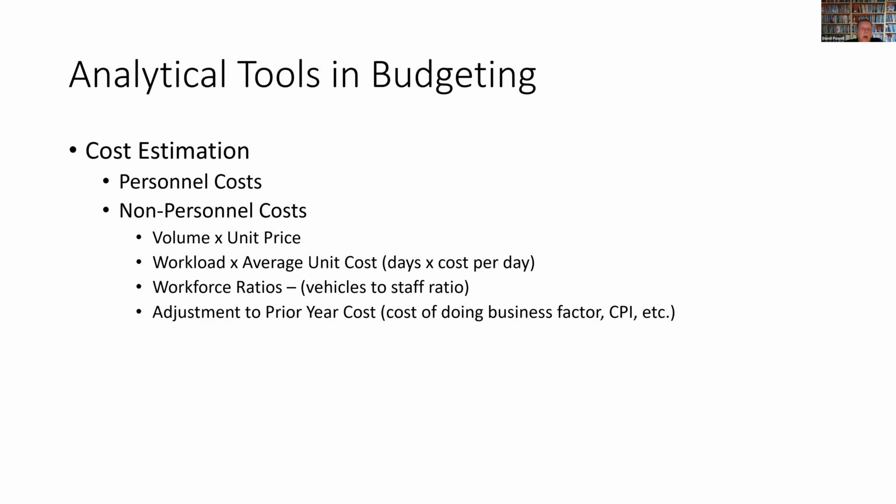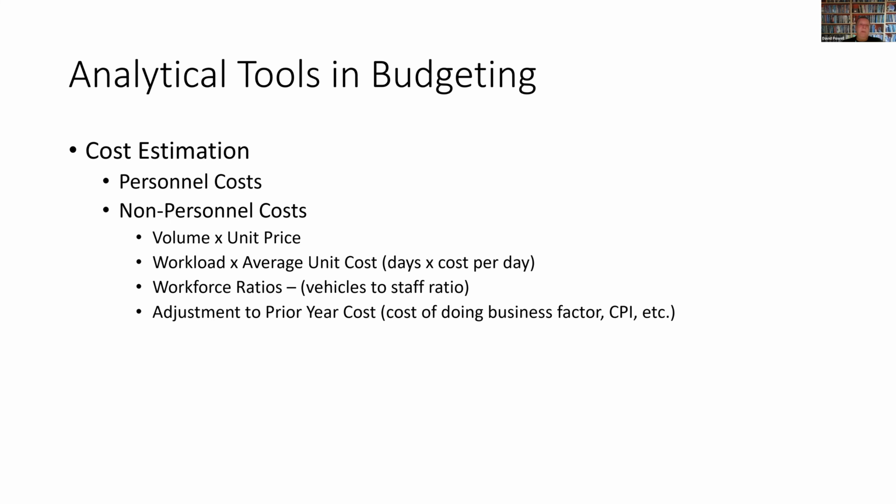Another non-personnel cost estimation technique is workload times average unit cost. This is essentially days times cost per day. So this would be useful if you are bringing in a consultant or somebody to do training. What's their cost per day that they're charging for this consulting, and then how many days will they be there? Again, a relatively simple type of calculation.